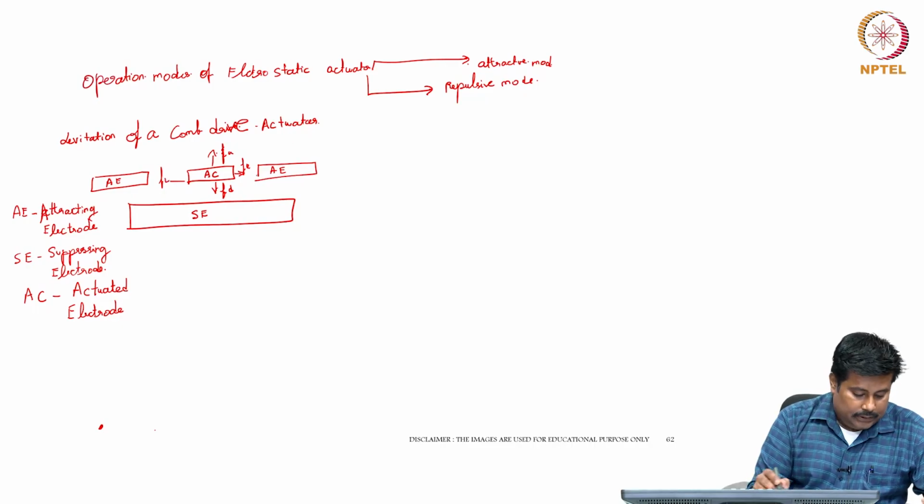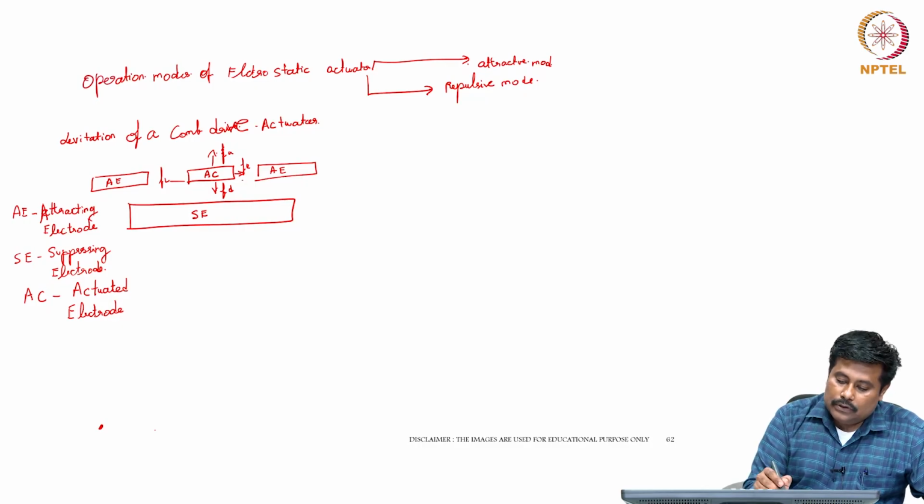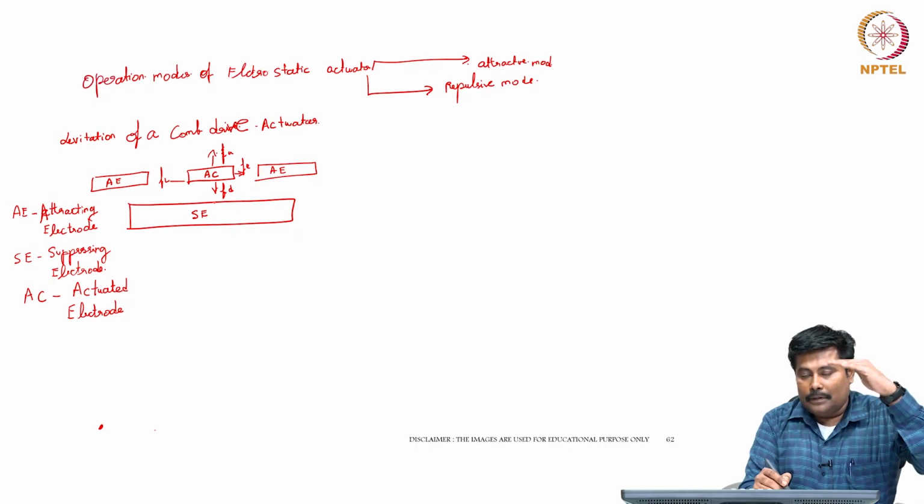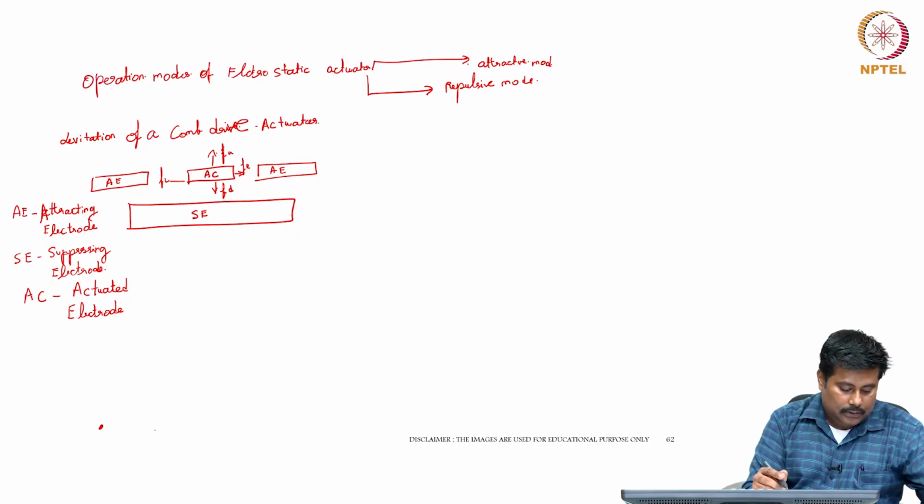These actuated electrodes will be available, and SE is used as a suppressing electrode, and AE is used as an attracting electrode. The actuating electrode will move between these two attractive electrodes, and it will not have any impact on the suppressive electrode. Just on the suppressive electrode it will try to stick onto the surface.